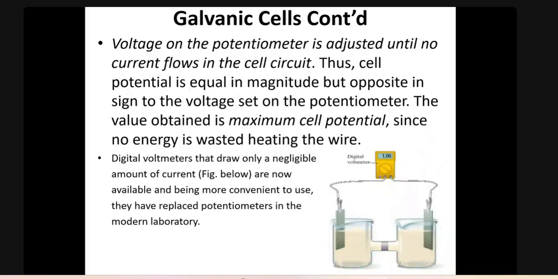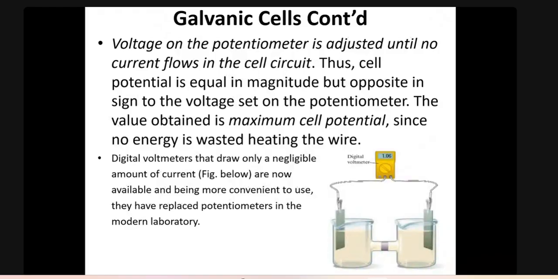That's the reason why on the batteries that you put in your calculators, you see 1.5 volts. So 1.5 volts, that's the maximum amount of energy you can get from that cell.